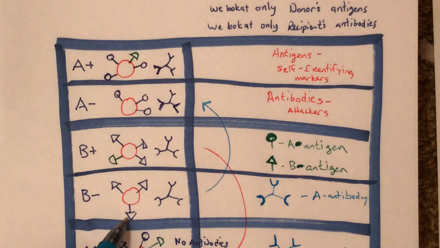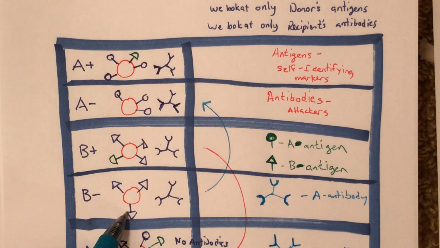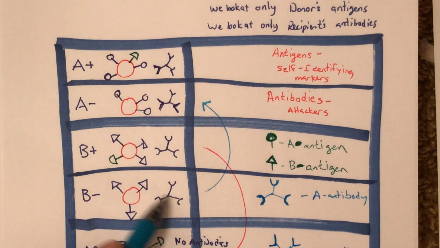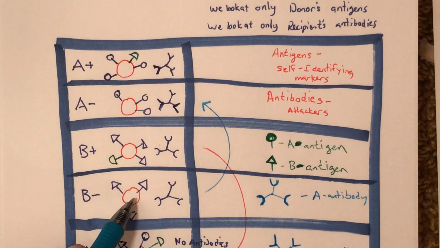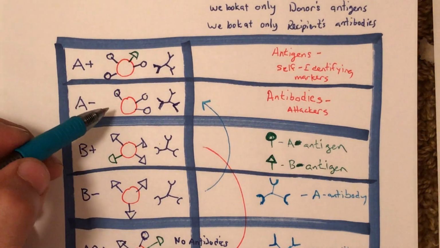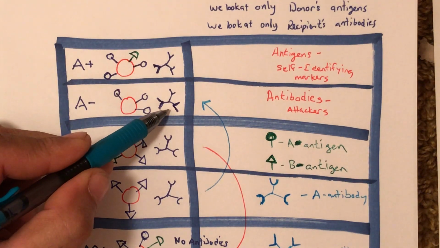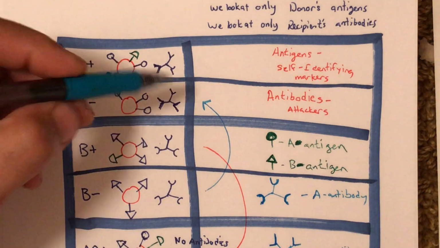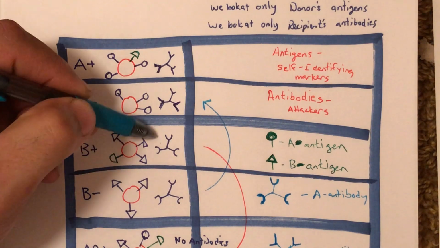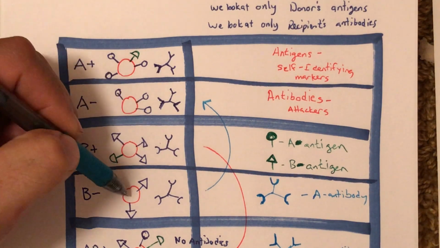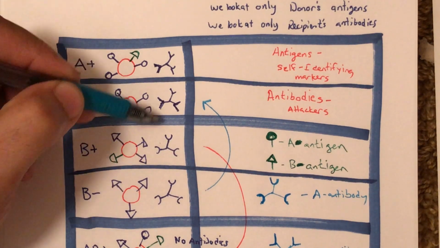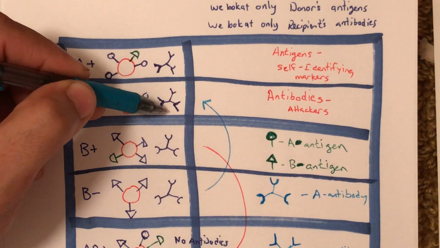This person has triangular antigens. We ignore the antibodies because we're not going to give these anyway. We're only giving the red blood cells. And we look at the recipient's antibodies. Do these two shapes match? This person has B antigens. This person has B antibodies.